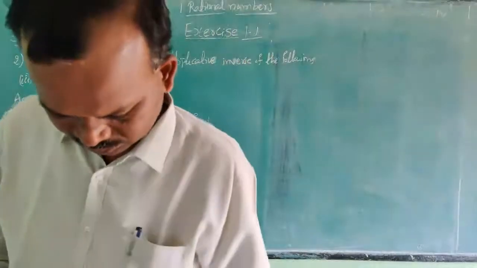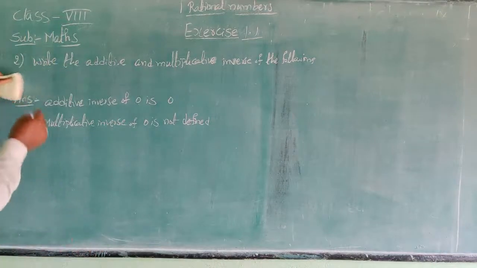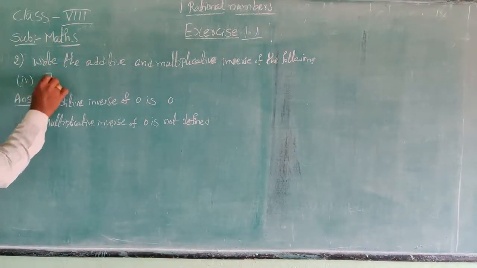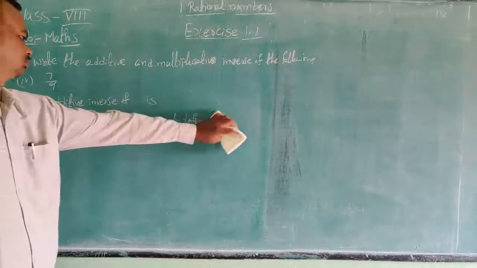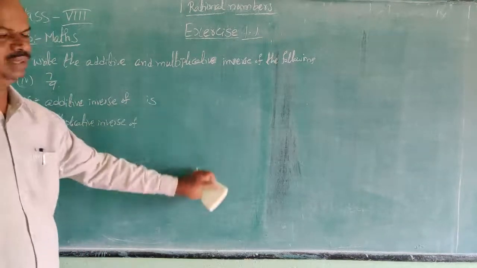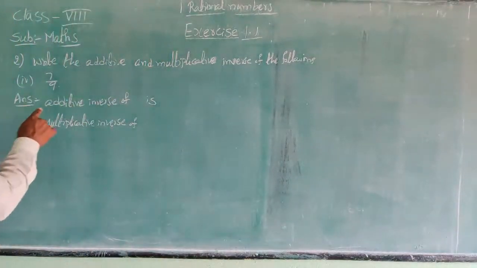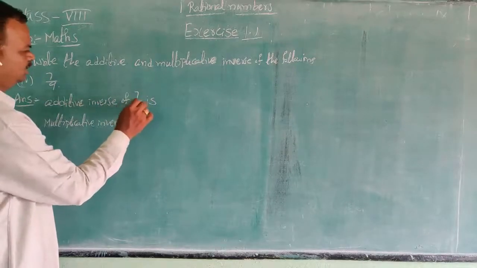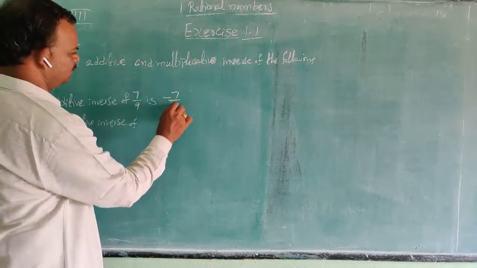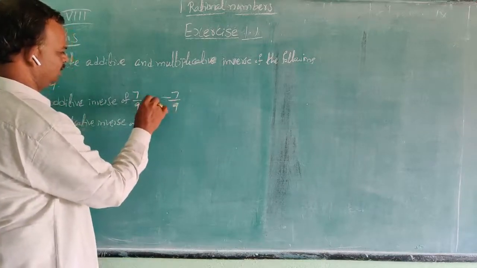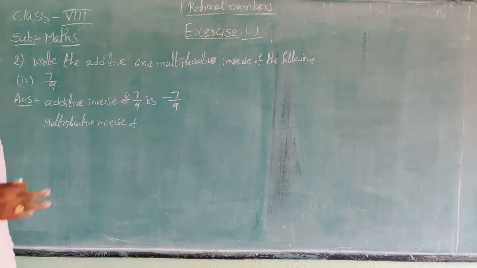Next one is 10. The additive inverse of 7 by 9 is minus 7 by 9.